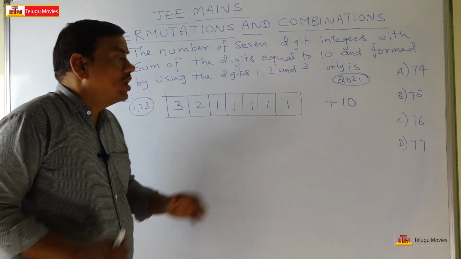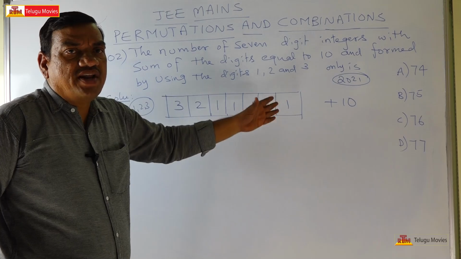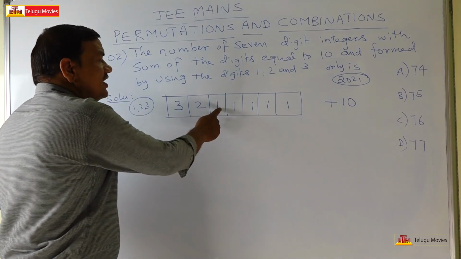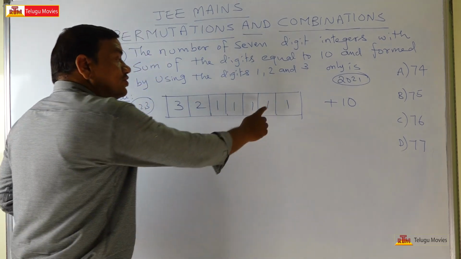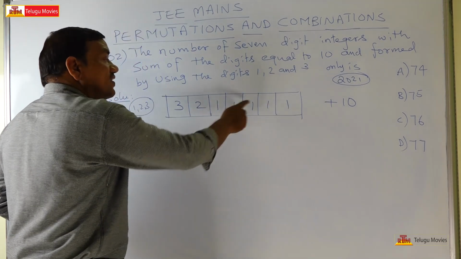How many arrangements of this type are there? That means you can use 3 here, 2 here, 1, 1, 1, 1 like this.